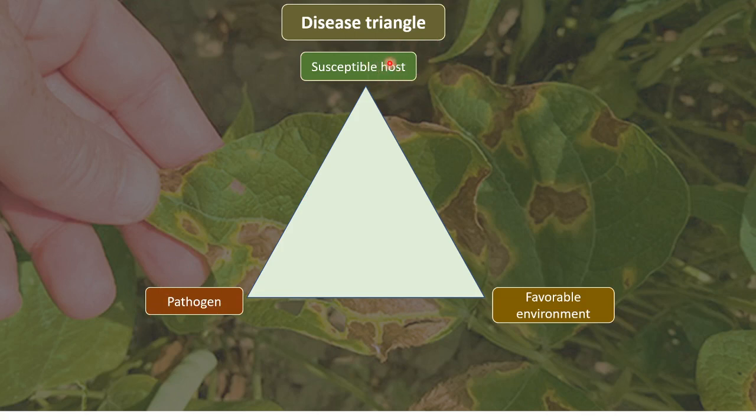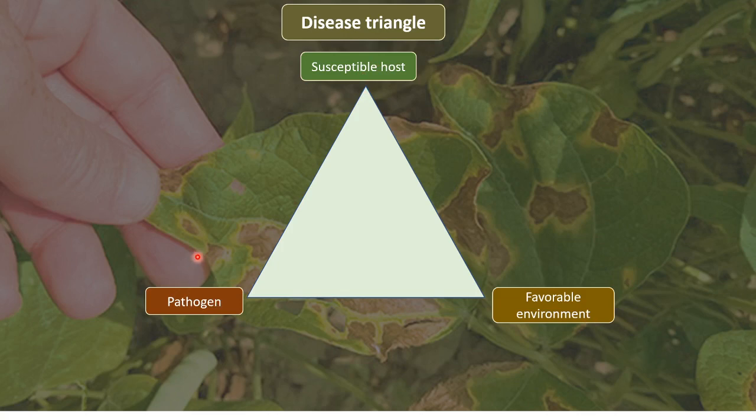That plant is called the host plant, which is going to host the pathogen, right? So, it is a susceptible host. That means the host must be able to take in the pathogen. And the third is the favorable environment. That means the surrounding environment should also be favorable for the pathogen to enter into the plant. So these are the three important parts of a disease triangle.